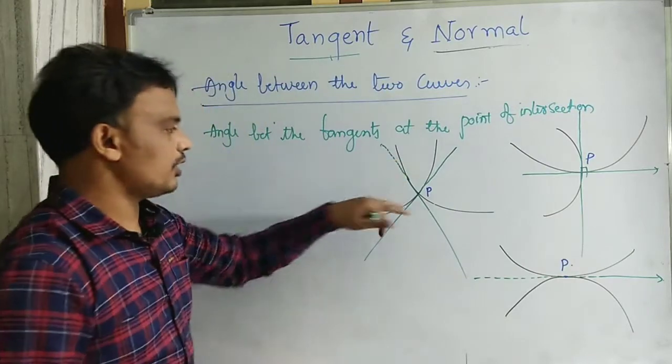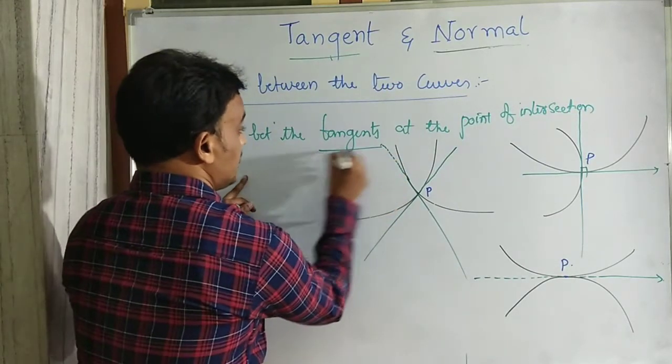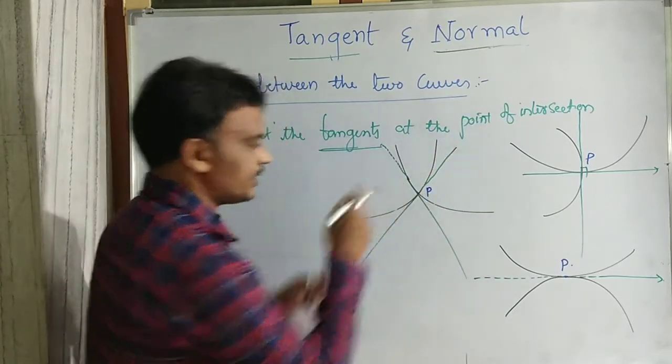Whenever we find the angle between two curves, it is the angle between the tangents where the curves intersect.